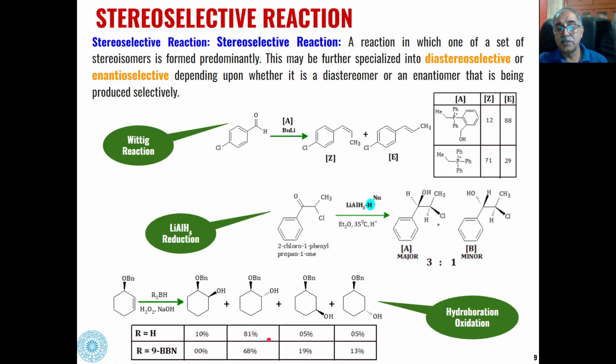You can see that here this stereoisomer is formed in more amount in both cases than the other three stereoisomers possible. And again, because of the higher yield of one of the stereoisomers, it is an example of a stereoselective reaction.